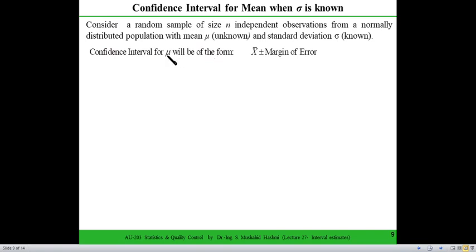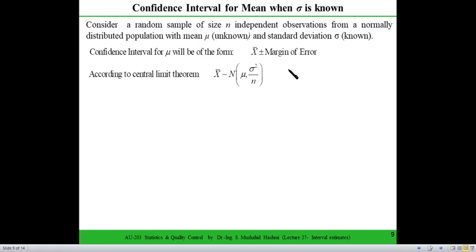So mu is a population parameter and x bar is your sample mean, which is a point estimator. The value of that point estimator is called the point estimate. If you calculate some number, that would be the point estimate, but this would be your point estimator. And if you know this margin of error, you can generate a confidence interval.